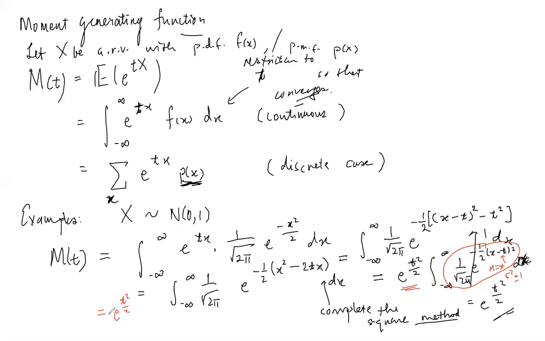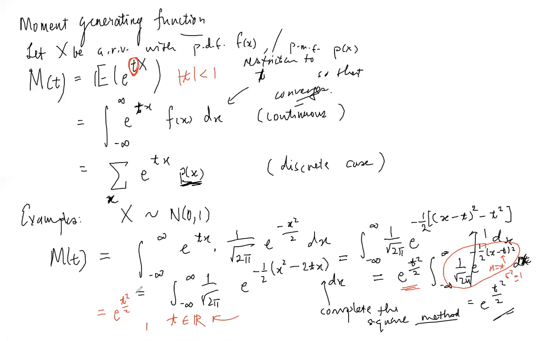For this to be finite, t is basically any real number. It's better that you specify it, but it will depend on your distribution. For some distributions t needs to be restricted, for example to be less than 1. Some of them, like this case, are fine with any real number.